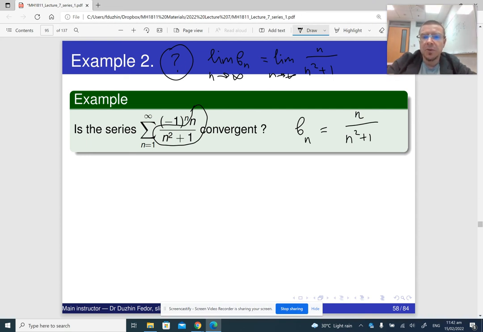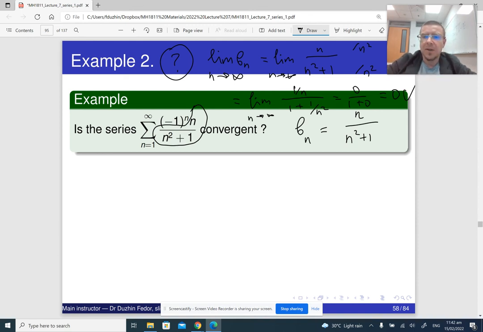In this case, the largest power is 2, so we divide both numerator and denominator by n squared. This is the limit as n goes to infinity of 1 over n in the numerator and 1 plus 1 over n squared in the denominator, which is 0 over 1 plus 0, which is 0. Check. So the first assumption of the alternating series test is true.